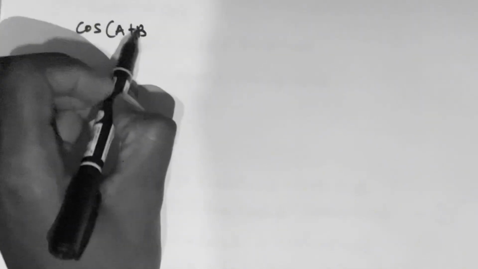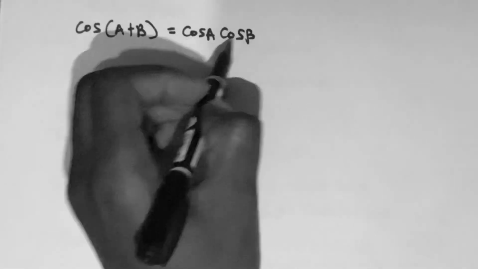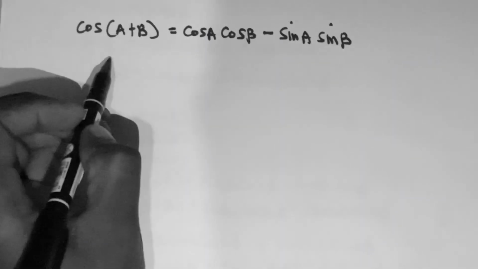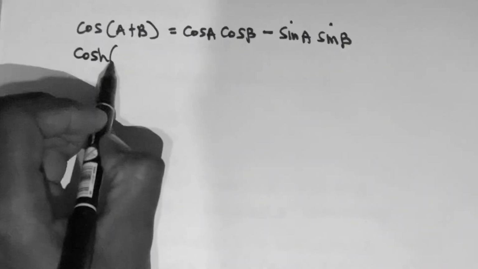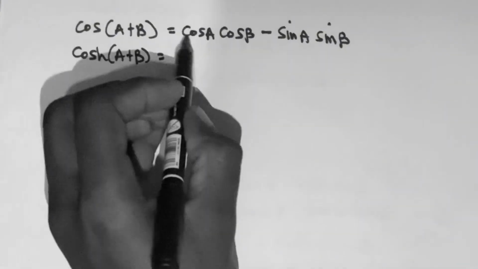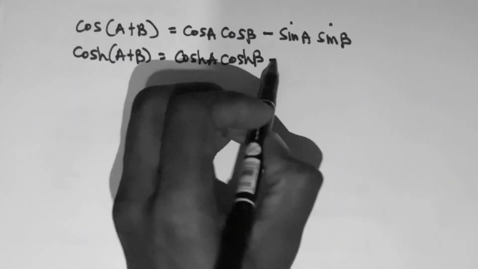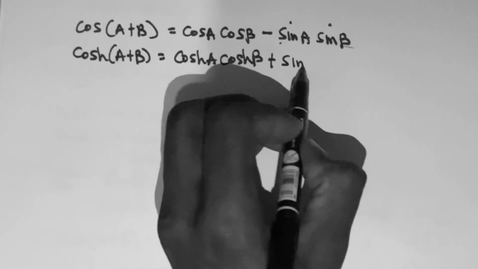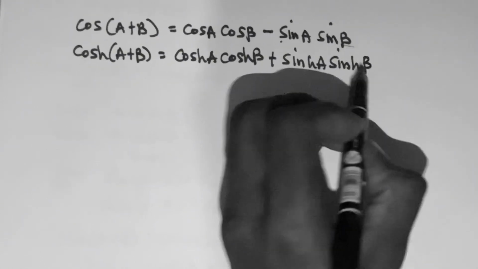We said that from trigonometry, cos(A plus B) is equal to cos A cos B, then minus sin A sin B. So in terms of hyperbolic functions, cos(A plus B) is equal to cos A cos B. But remember, this is the product of two sine functions, so we need to change the sign to plus, and that becomes sinh A sinh B using Osborn's rule.